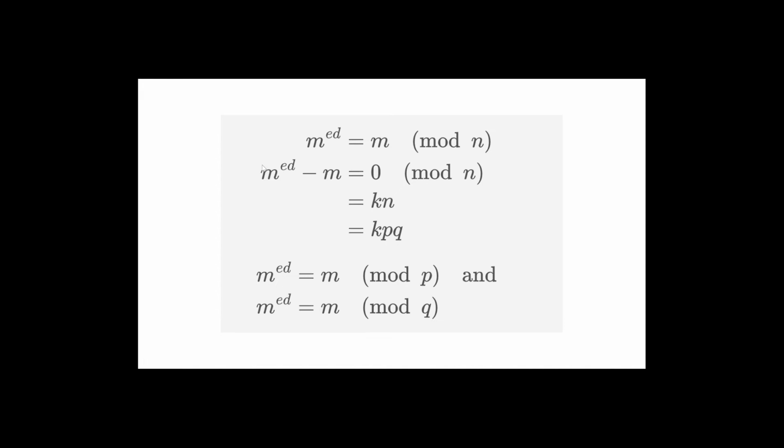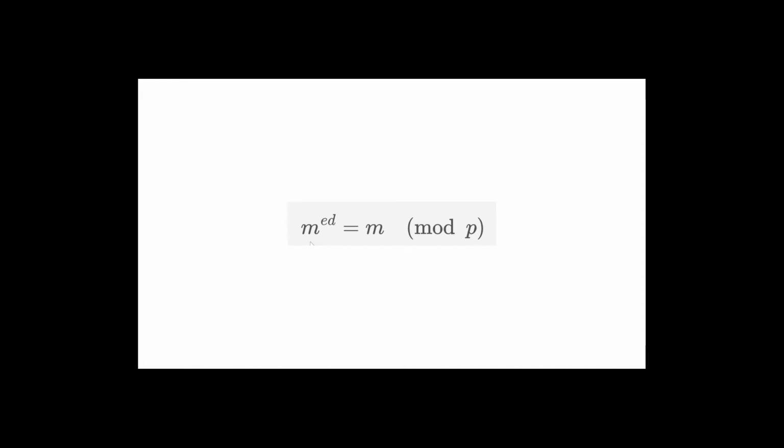So now we want to prove that m power ed is equal to m modulo p and modulo q. All we're saying here is that m power ed minus m is a multiple of both p and q, just because it's a multiple of the product of the two.